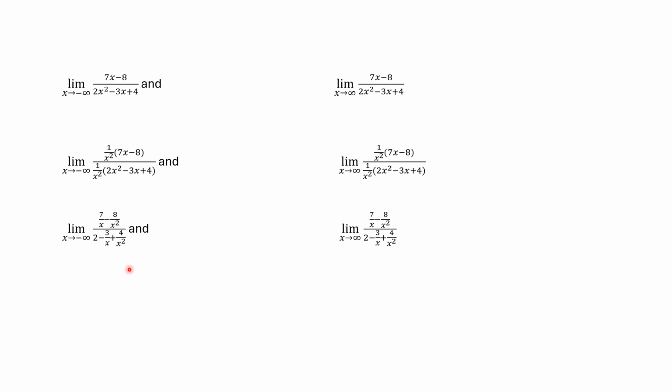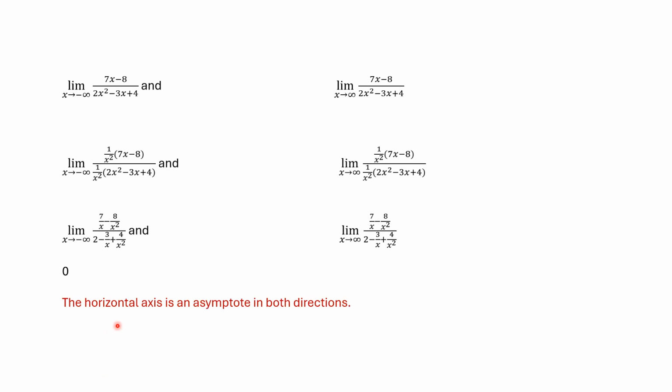Let's show that step. It'll end up looking like this. So 0 divided by 2 is 0. Likewise, over here, we're going to end up with 0. So what we will end up with is a horizontal asymptote, y equals 0, in both the negative and the positive directions.